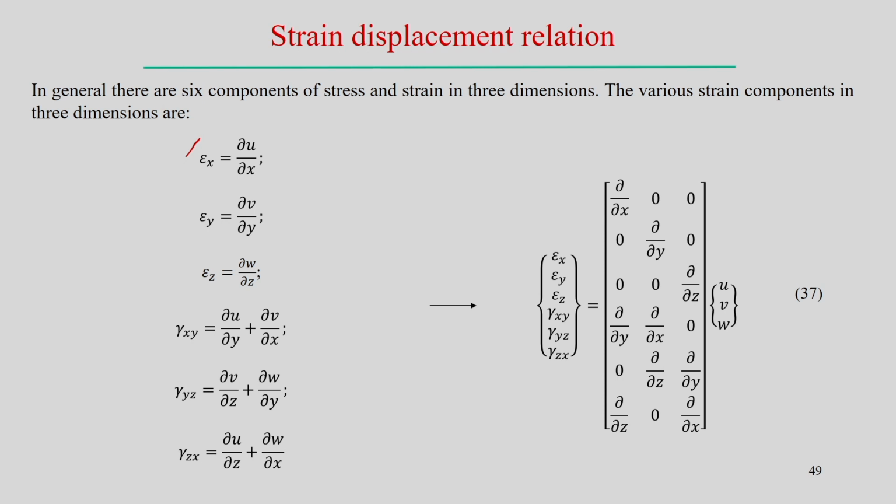strain epsilon x along the x axis can be related to the displacement field as del u by del x, where u is the displacement variable along the x axis. Similarly, epsilon y can be represented as del v by del y, where v is the general displacement variable along the y axis, and epsilon z equals del w by del z, where w is the displacement variable along the z axis.